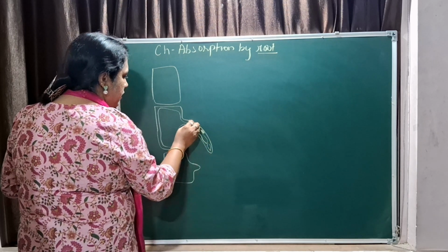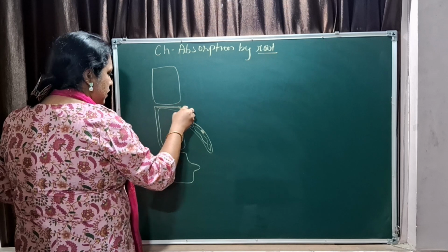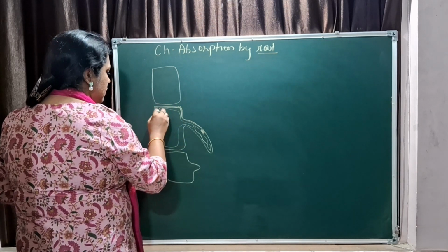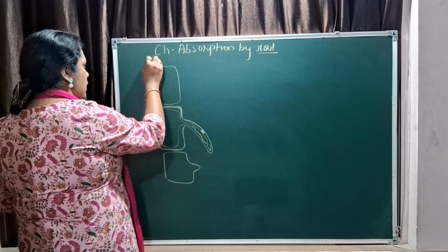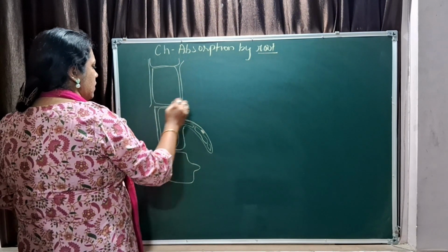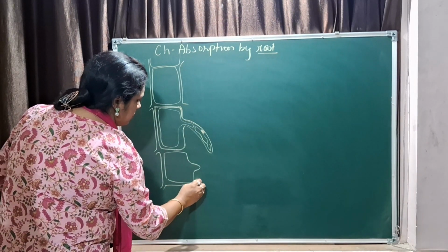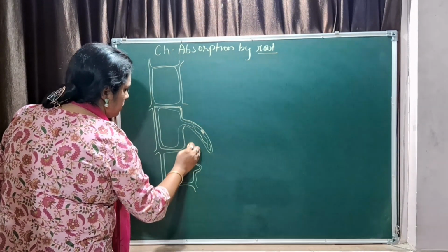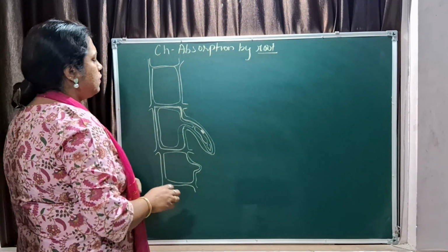The inner part is the cell membrane, and the vacuole you can draw this way. And as you know it's a plant cell, so it has got a cell wall. This is the structure of a root hair.